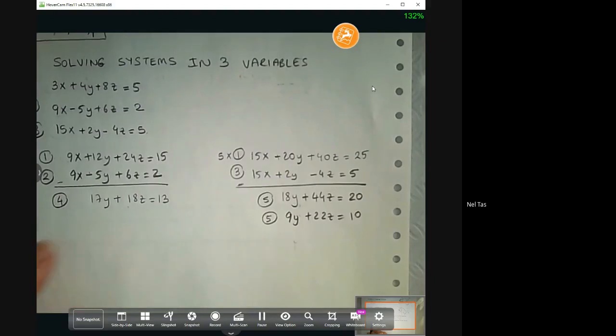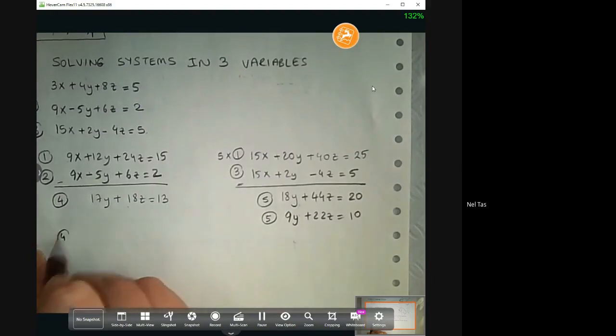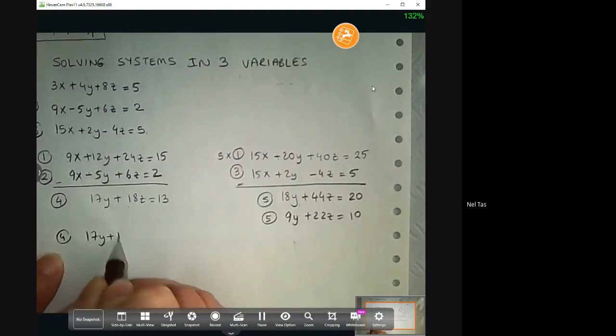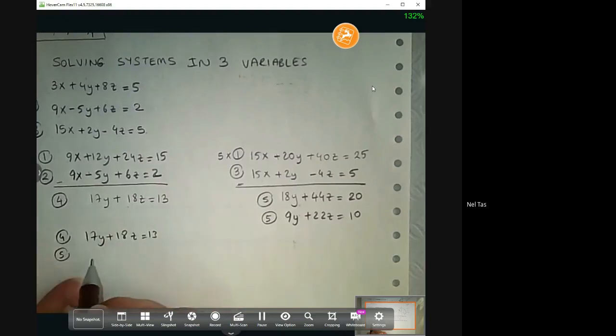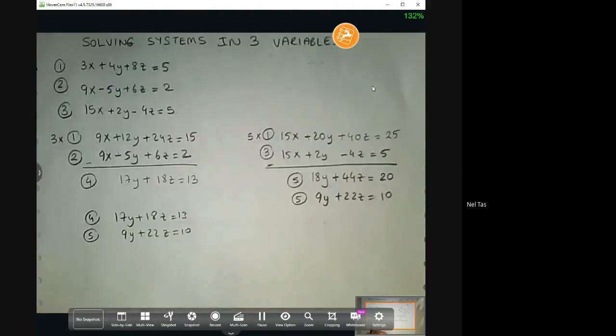Now I'm going to use number 4 and number 5. And you know what to do here. Again, you learned this in grade 10. You use substitution or elimination. I certainly do not recommend to use substitution here because you will end up with fractions if you do that. And most probably you will make a mistake when you're solving it.